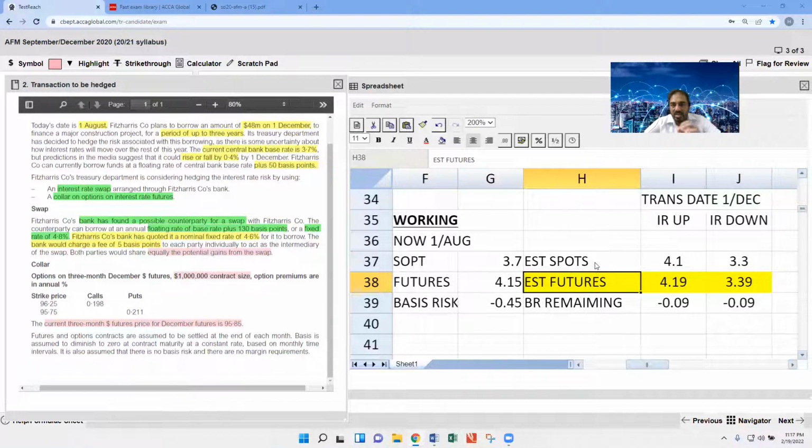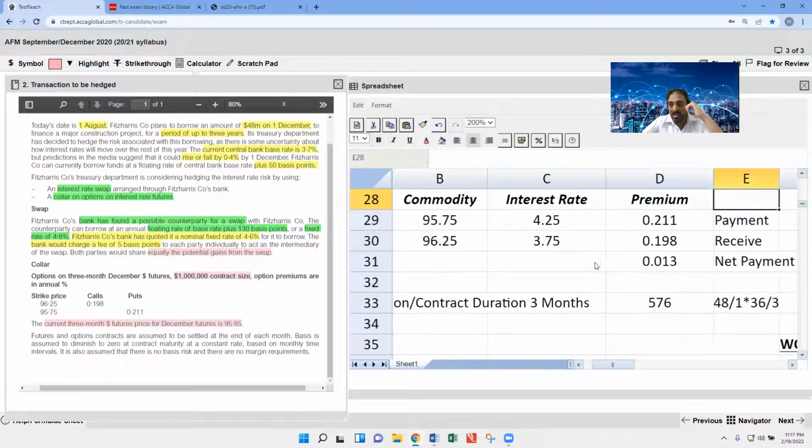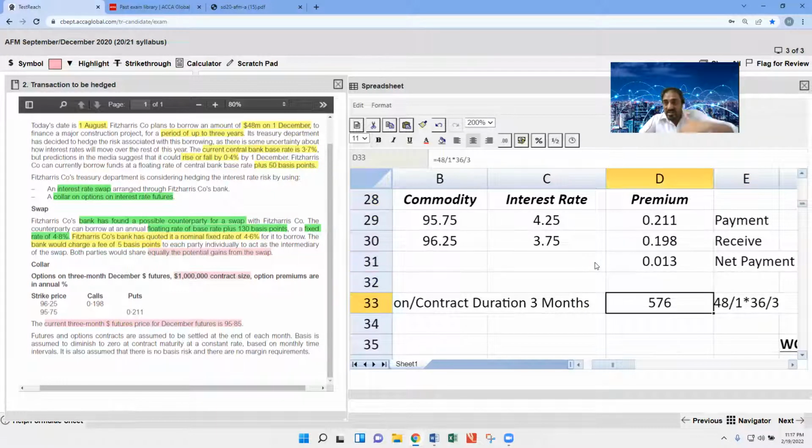One important thing you have to notice here: at 1st August, you have entered with the December contract, and that December contract will expire on 31st December. Another important point, with the marketable contract, we have adjusted the number of contracts, that is 576.